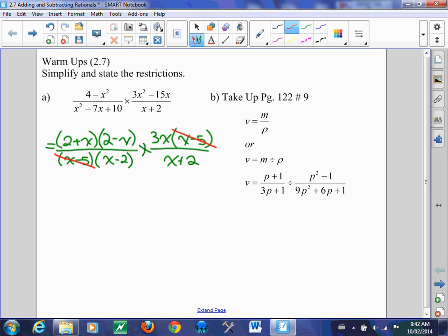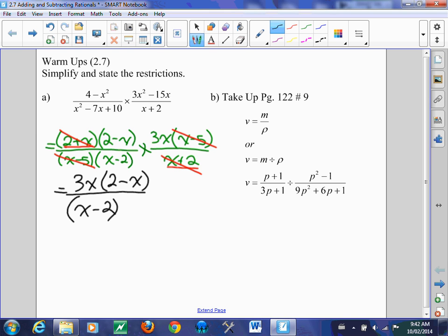However, here the x is positive and the 2 is positive up here. So I'm looking at this one and this one. Notice that both of the signs are positive, which means these two can cancel. Now, let me just simplify that first. We've got 3x times 2 minus x, all divided by x minus 2.